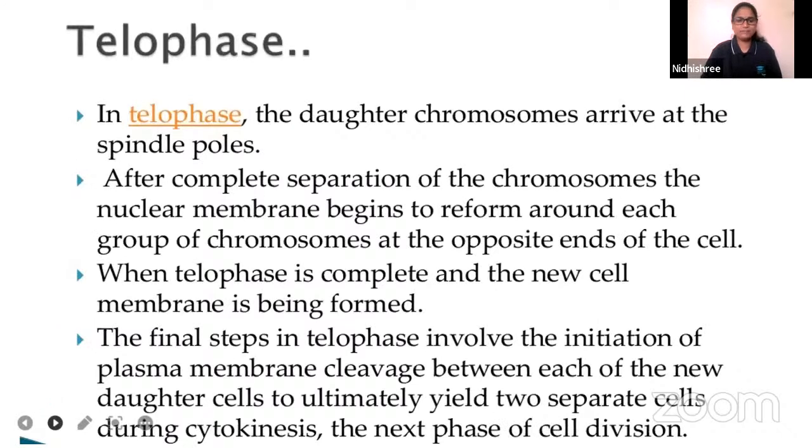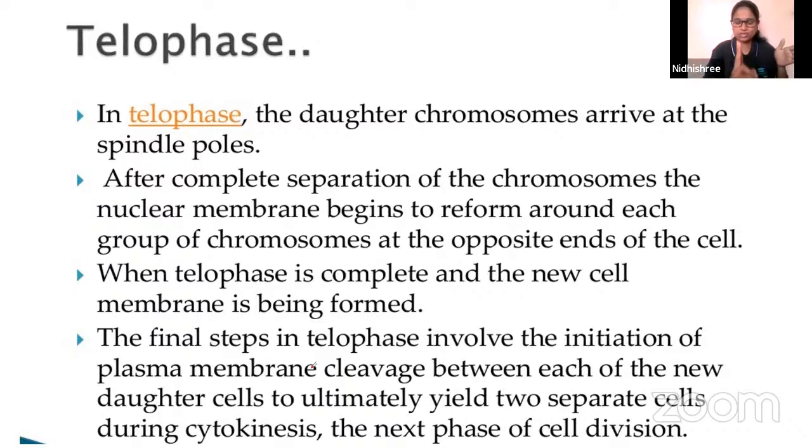What happens in the telophase condition? When telophase is complete, a new cell membrane is being formed. The final steps in telophase involve initiation of the plasma membrane. The plasma membrane begins to form in the telophase condition. Cleavage between each of the new daughter cells ultimately yields two separate cells. What is the product of mitosis?